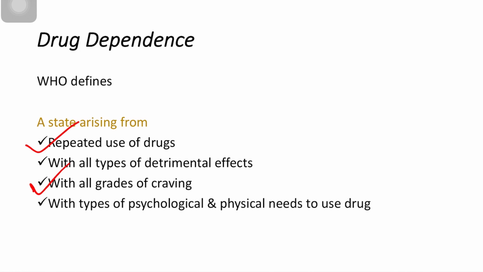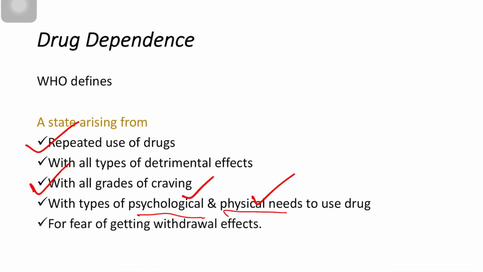The patient might develop psychological and physical needs to use the drug. He becomes dependent psychologically or physiologically, thinking this is a drug I need to take, otherwise I will get psychological or physical symptoms, for fear of withdrawal effects. So this fear gets developed in patients. This state is called the drug-dependent state, meaning the person is now dependent on the drug.